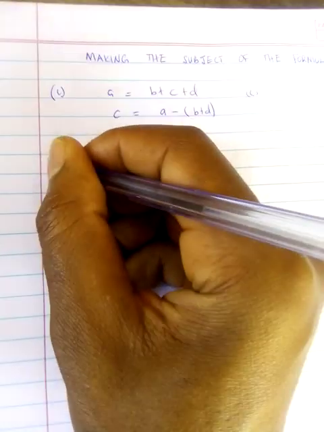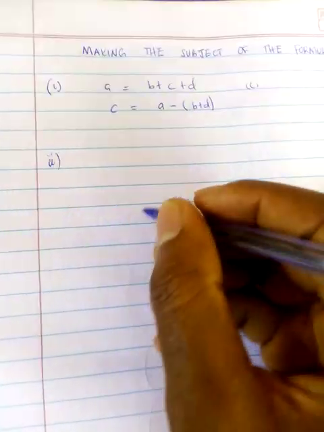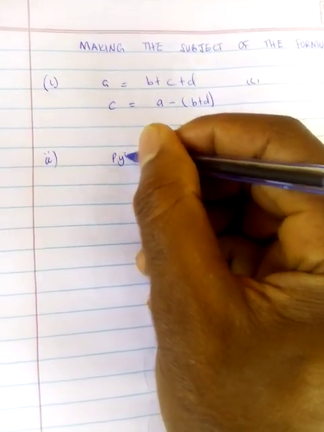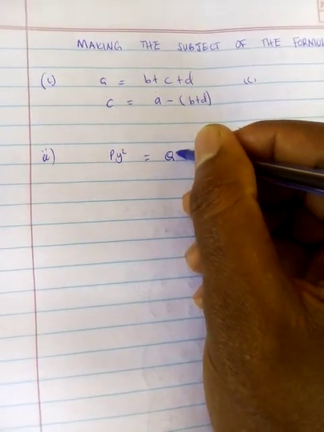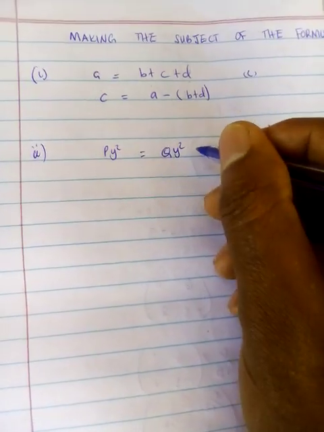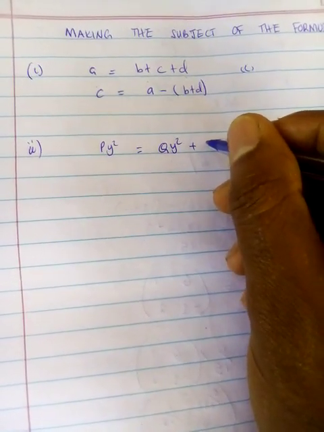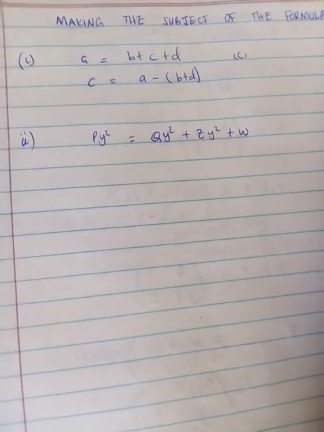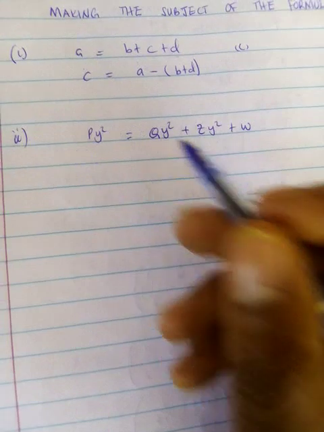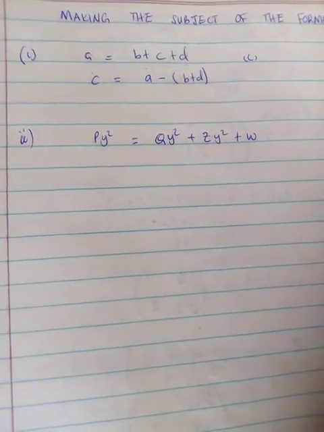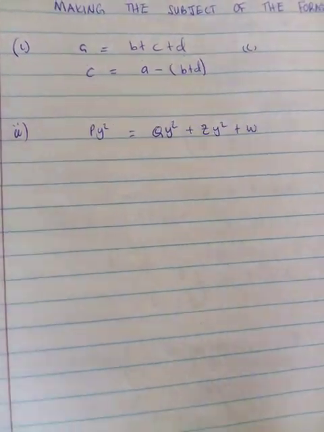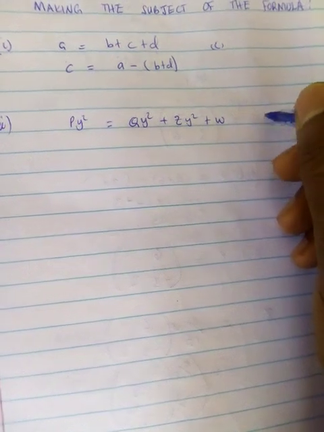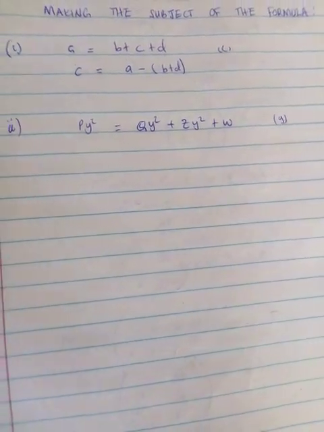So if I call this one 1, in my 2, if I have py squared is equal to qy squared plus zy squared plus w, and they tell me to make y the subject of the formula, I need a single y on one side.